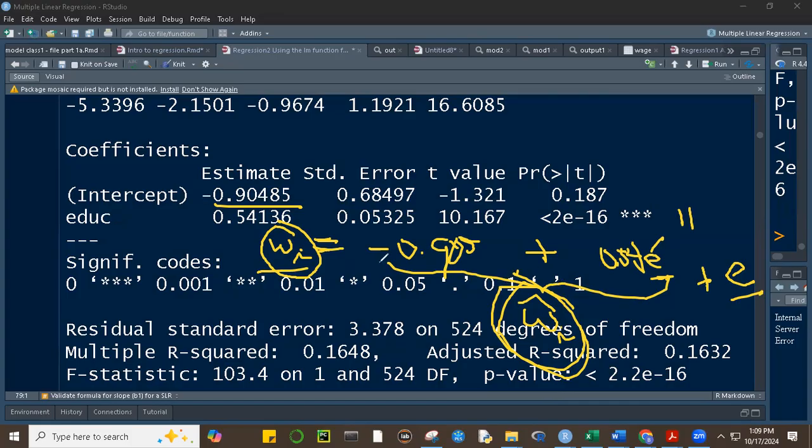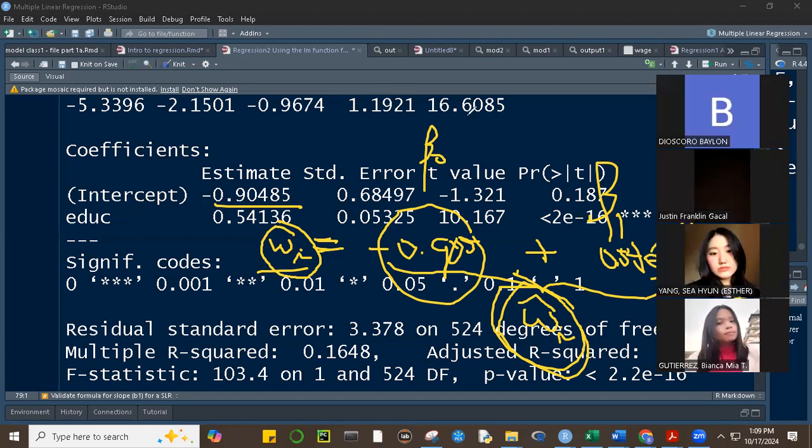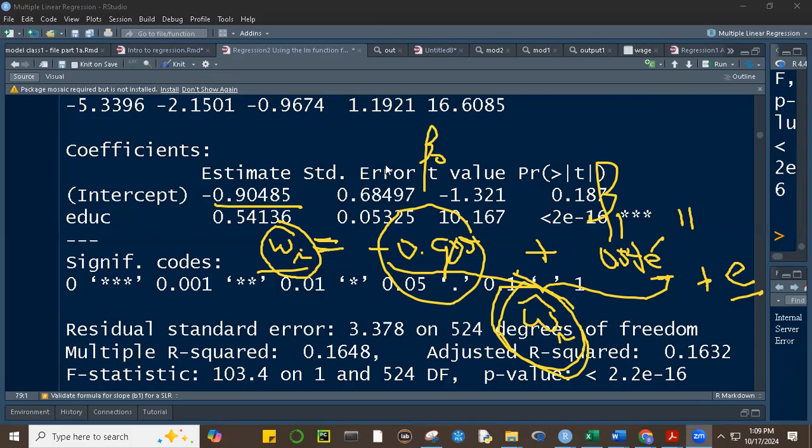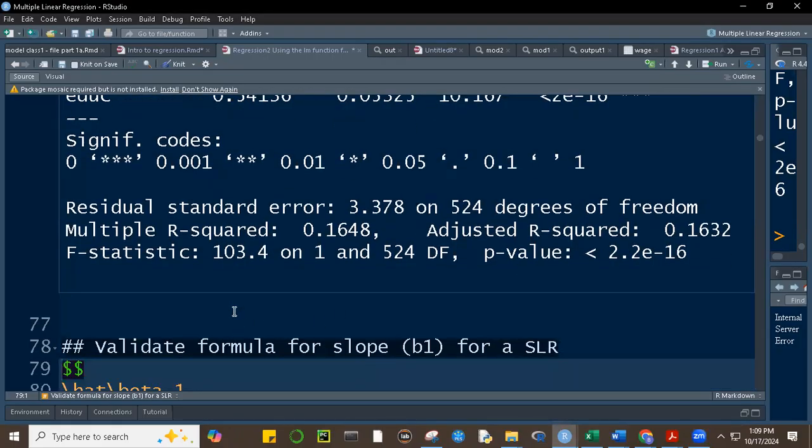Your predicted value is the intercept. This is your beta null, okay, plus your beta 1. This is your slope for education times education. Okay, clear so far, class? Clear so far? Okay, so let's just confirm this. So let me clear the drawings. And let's open.